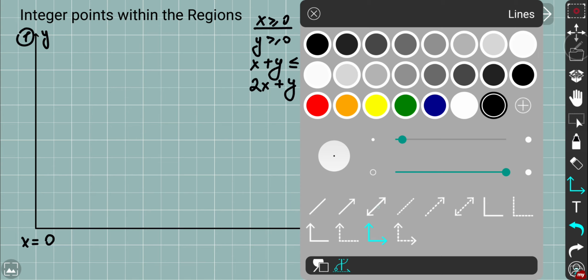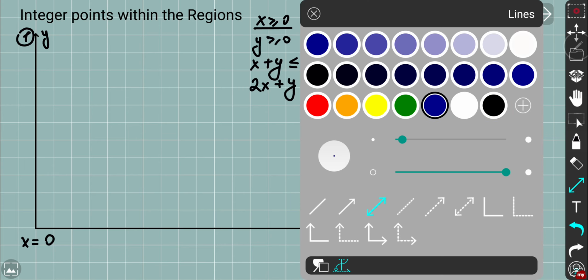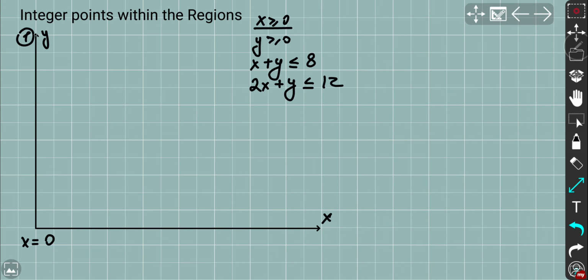I can indicate that region with the blue lines. It goes down infinitely, but I'll indicate that we're interested in the region on the right side of that line, so actually there.